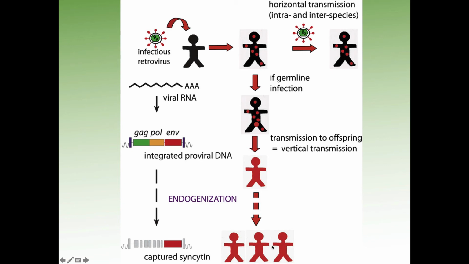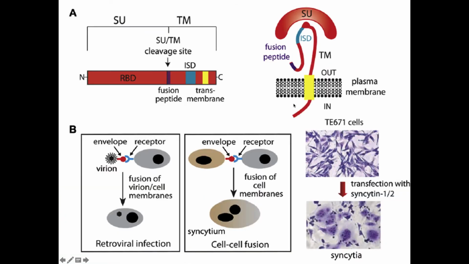What's interesting here is that humans are actually acquiring this viral DNA into their genome via a horizontal transmission pathway, and then passing it on to their young through a vertical transmission pathway. And this ENV is referring to an envelope protein, or the spike protein that a lot of people talk about.